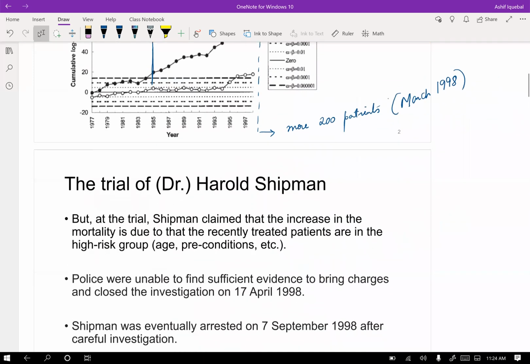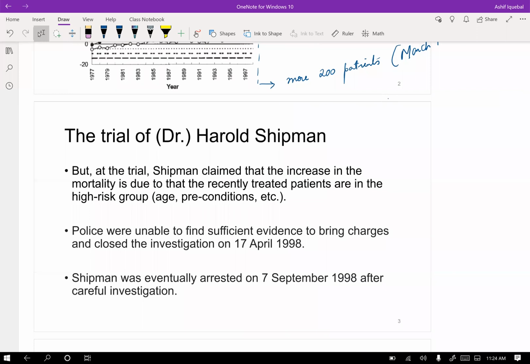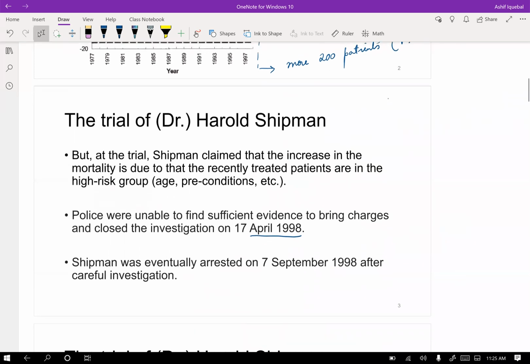So with this excuse, the police actually closed the investigation in April of 1998. They did not find enough evidence, and people thought that Shipman was not lying, that he was correct. But eventually, later on, they found that the patients who died had significantly higher levels of diamorphine in their bloodstreams.